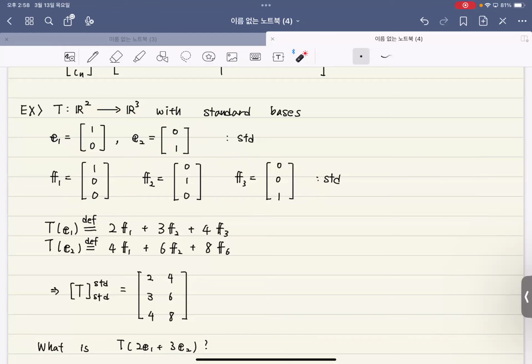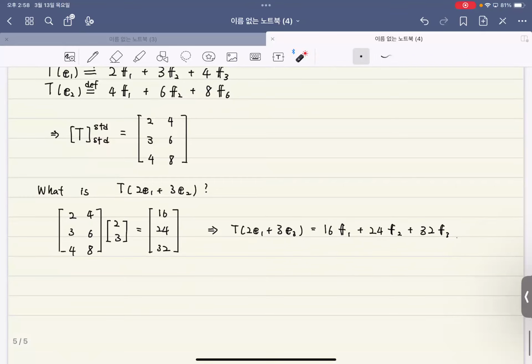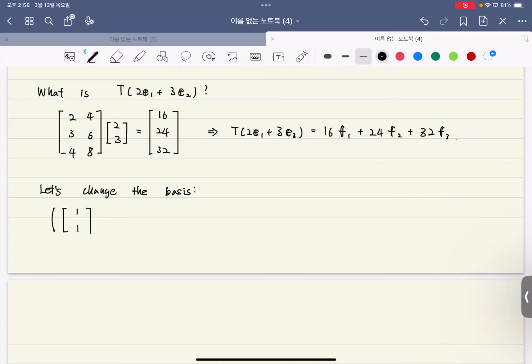Maybe we can try to change the bases. Maybe 1, 2, minus 1.